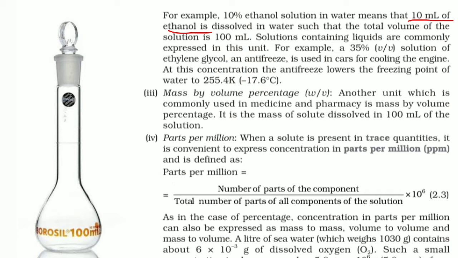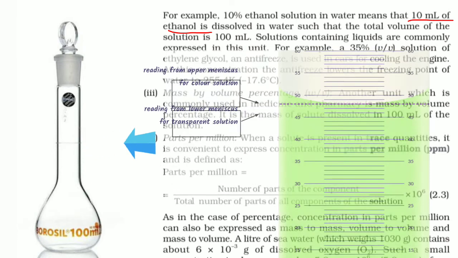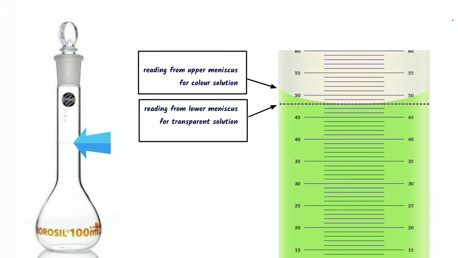Then we add water up to the ring present in that flask, to prepare the 100 ml, 10% volume percent solution.